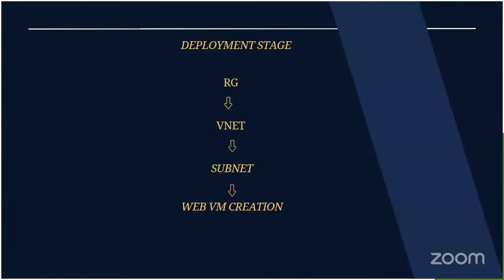Now, at the deployment stage, we'll create a resource group, where it will house almost all the resources we want to create on Azure. It is important we create this because it is easier for you to go in there, and if you find out you made an error in some way and want to make a change, it's easy.